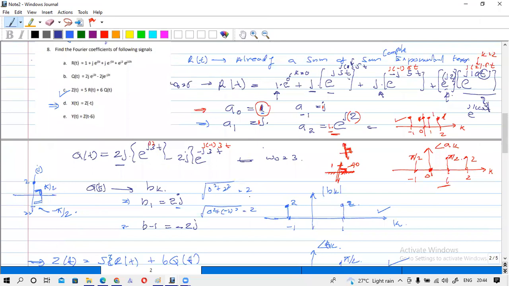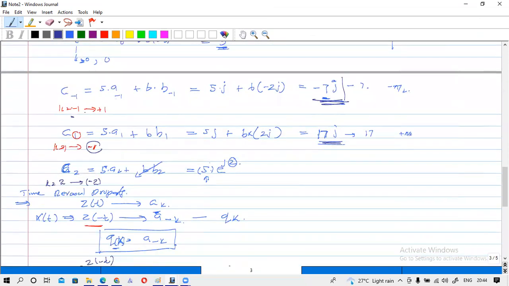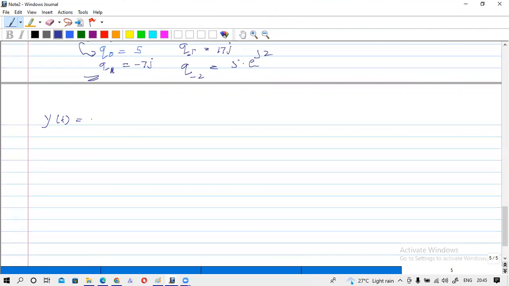Now we are asked to find this one. We have to use the time shifting property. So yt is equal to z t minus 6, which is a time shifted signal.